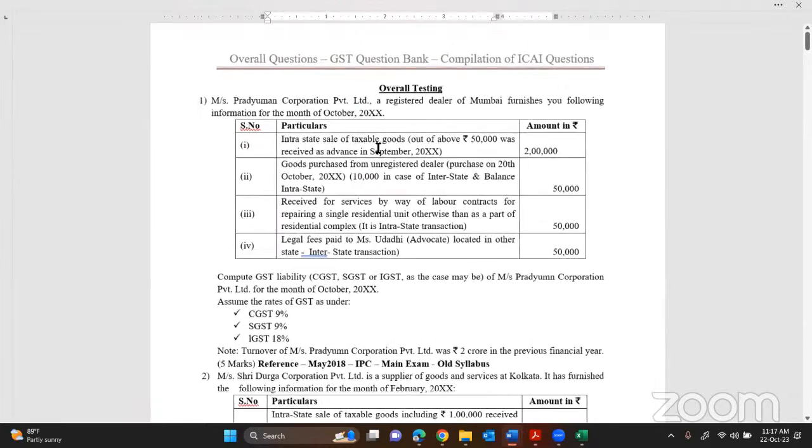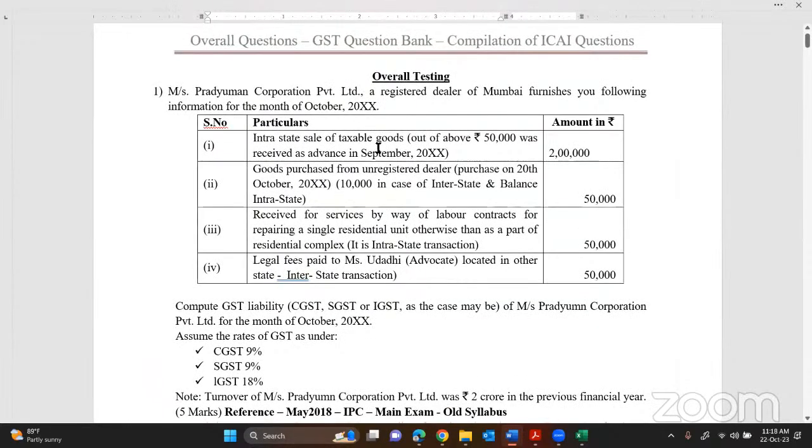So let's take the first question, Viraj or Pradyumna Corporation. My dear, after reading the question, you decide on the columns, whether IGST is required or not, or CGST, SGST is required or not. By default, I'm creating all the 3 columns.